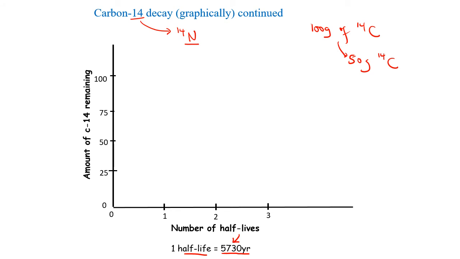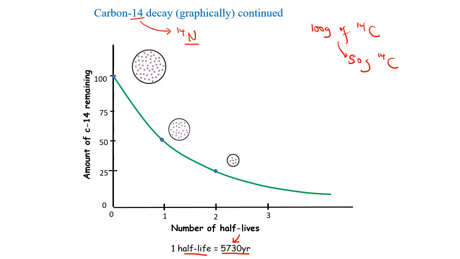So when you look at our graph here, this is the actual graph of carbon-14 decay, in such that after each half-life, after every 5,730 years, you realize that the amount remaining is always half the initial amount.